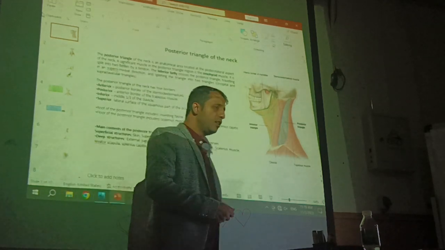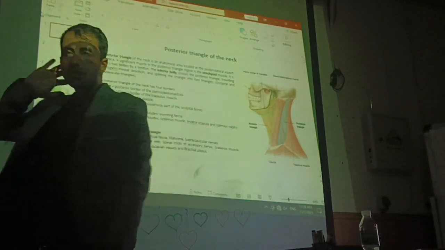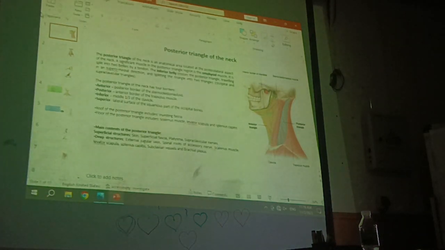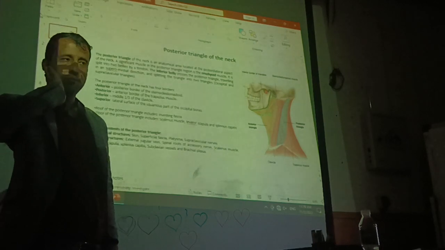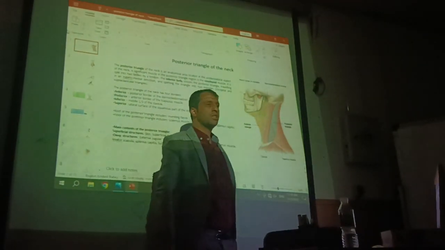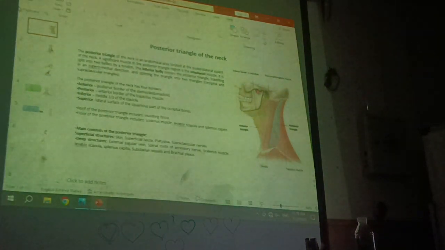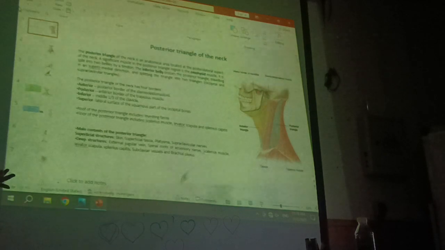Other structures in this area are the muscles, which make the floor of the posterior triangle. What is the roof of the posterior triangle? The investing layer.